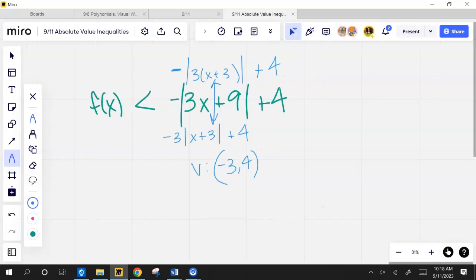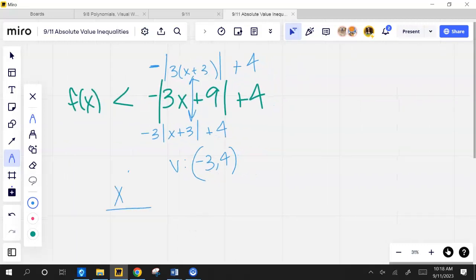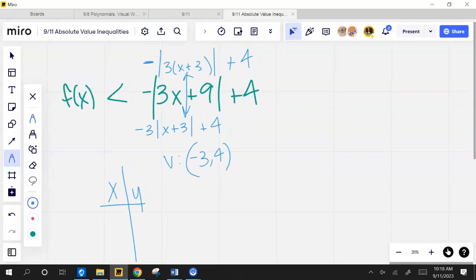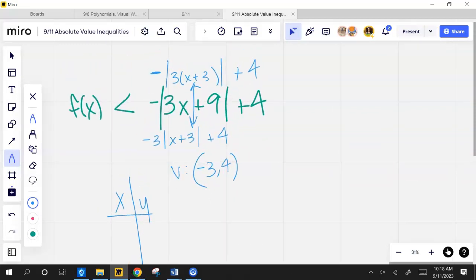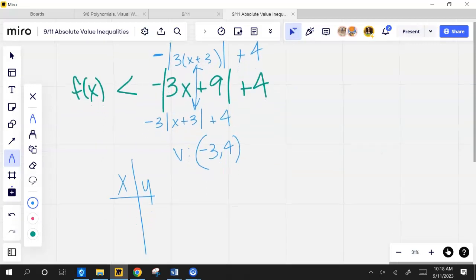All right. So now I'm thinking about my table. It is sad. It's a sad one. What do you think makes it sad? The negative in front, right? All right, negative 3, 4, and now I can take out my calculator, or I can do it by hand, whichever way I choose. And I can pick 2 x's smaller and 2 x's bigger.